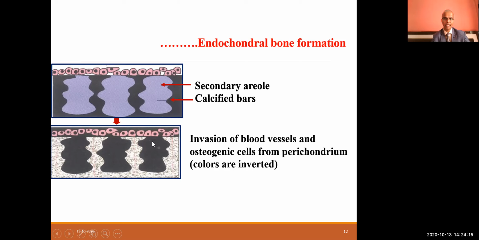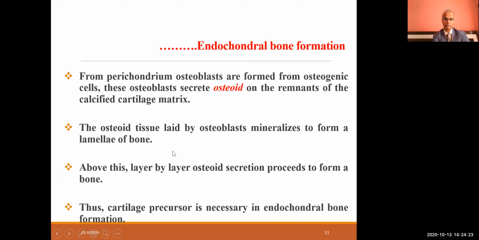These are the secondary areolae, and these are the intercellular spaces where the invasion of blood vessels takes place. From the perichondrium, osteoblasts are formed from the osteogenic cells, and the osteoblasts secrete the osteoid on the remnants of the calcified cartilaginous matrix.